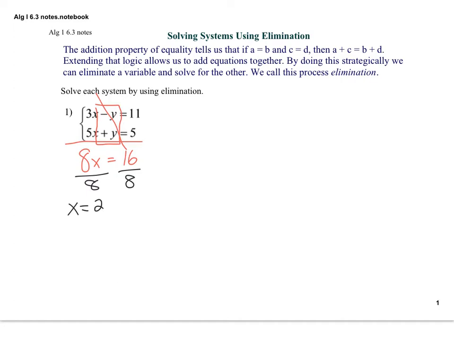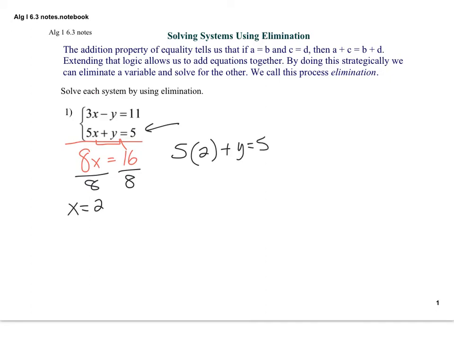Now I need my initial equation to be a little cleaner, so let's clean this off a bit so I can see both of them. I'm going to pick one of the equations, it doesn't matter which one, plug in my value for x, and solve for y. So let's pick that equation right there. I've got 5x, which we know to be 2 now, plus y is equal to 5.